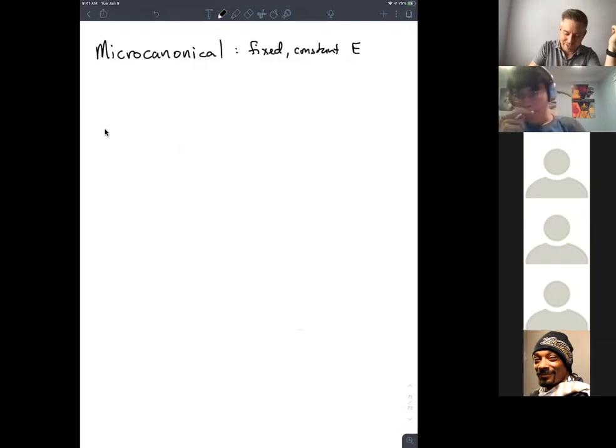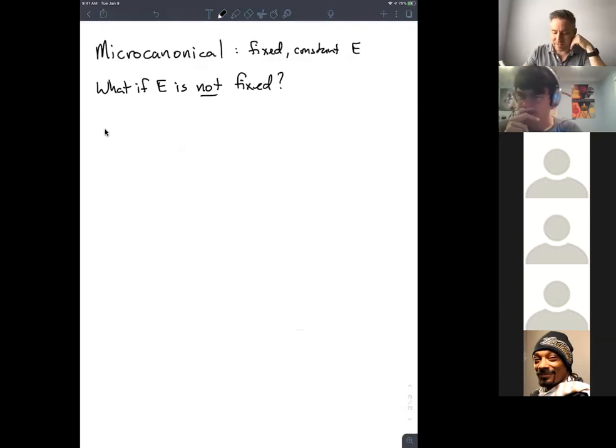So today we're going to say, what if energy is not fixed? Okay. And so in doing this, we are moving from the microcanonical ensemble to something else. And what this new system is referred to as is the canonical ensemble.